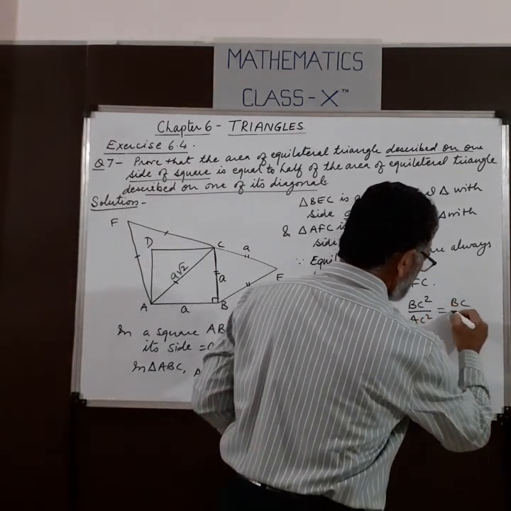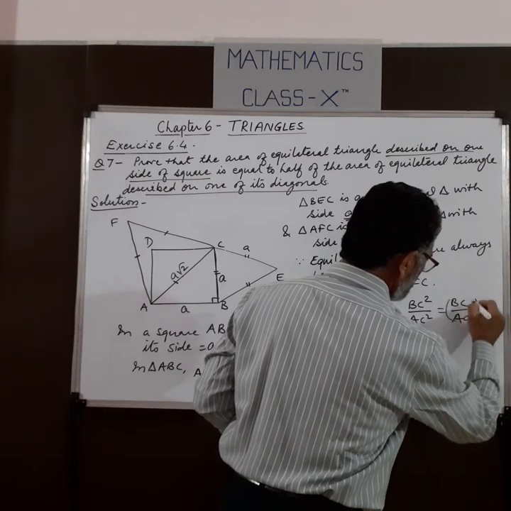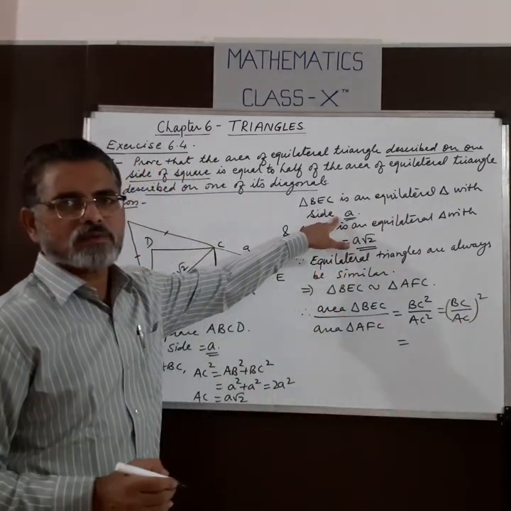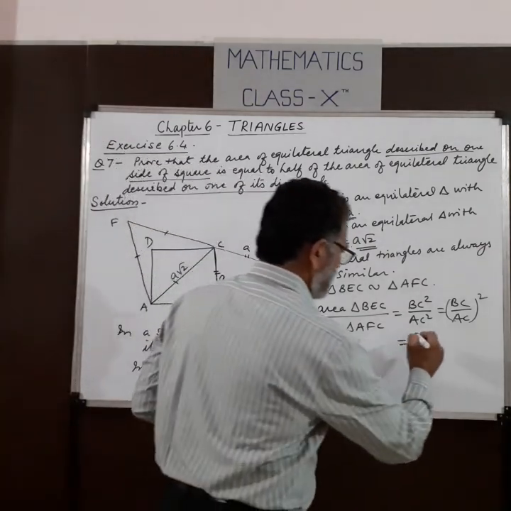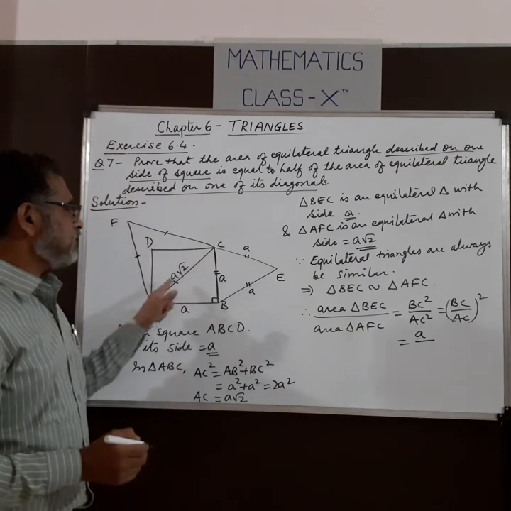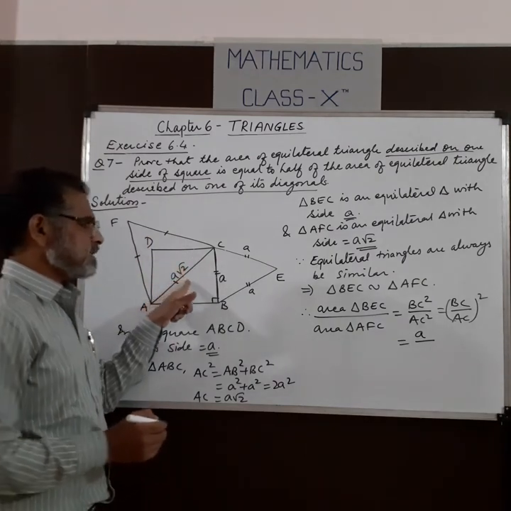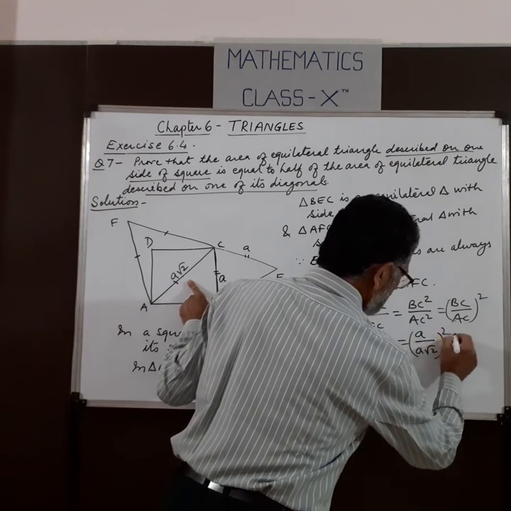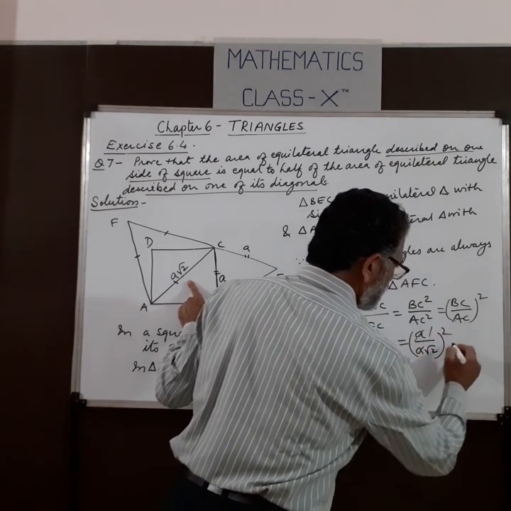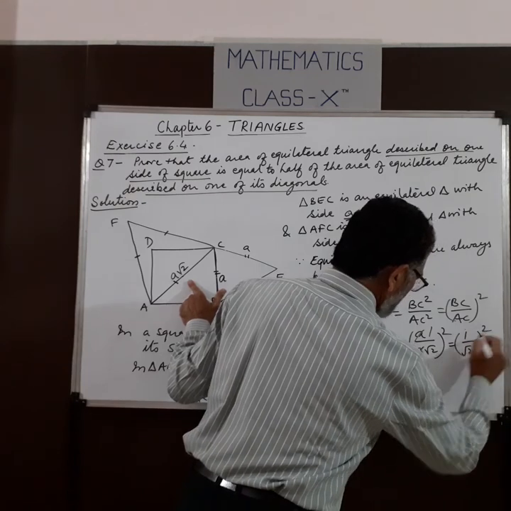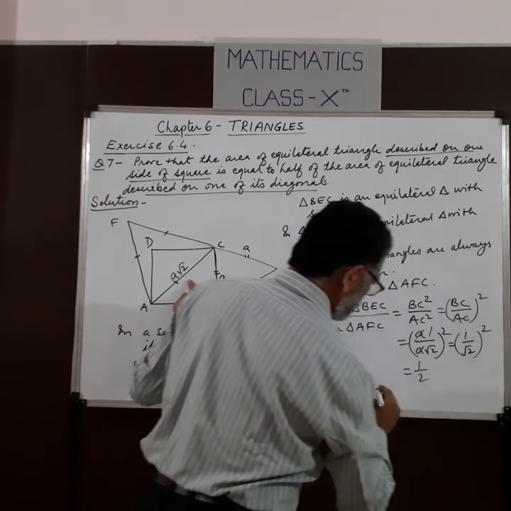We can write this as BC upon AC whole square. Now what is BC? BC is a side of equilateral triangle BEC, that is A. And what is AC? AC is the side of equilateral triangle AFC, that is A under root 2. So there is a square, A will cancel. So what we have? 1 by under root 2 whole square, that is 1 by 2.